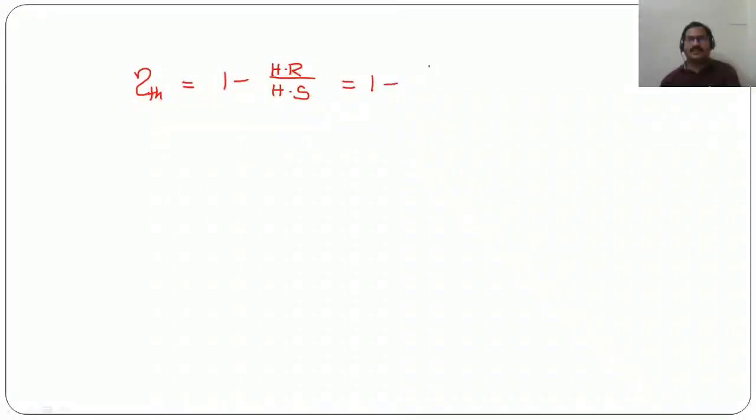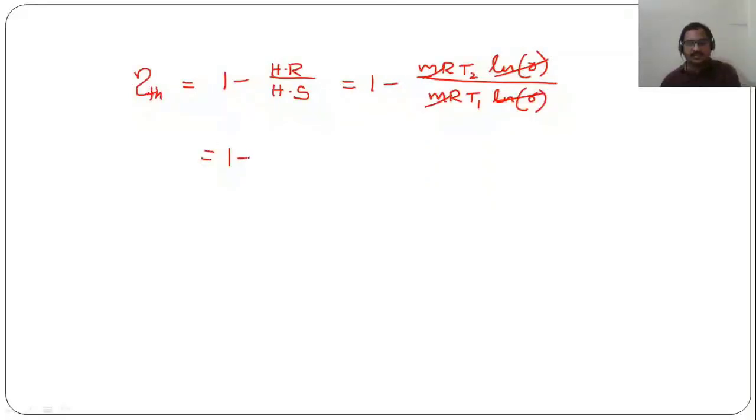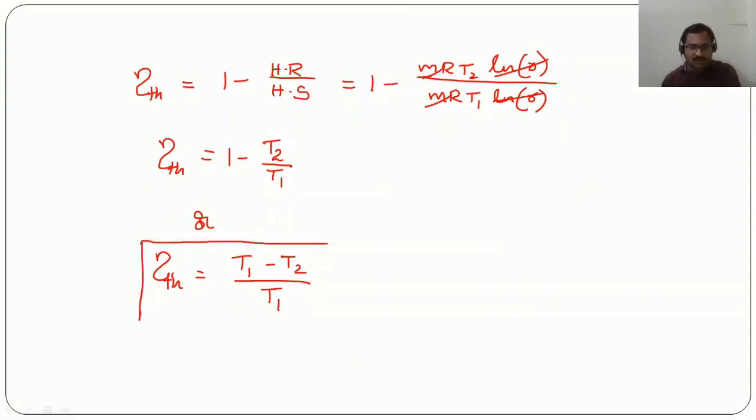So 1 minus heat rejected is MRT2 ln R by heat supplied is MRT1 ln R. Now these two will get cancelled, MR gets cancelled. Now the thermal efficiency is 1 minus T2 by T1, or you can write this thermal efficiency as T1 minus T2 by T1.